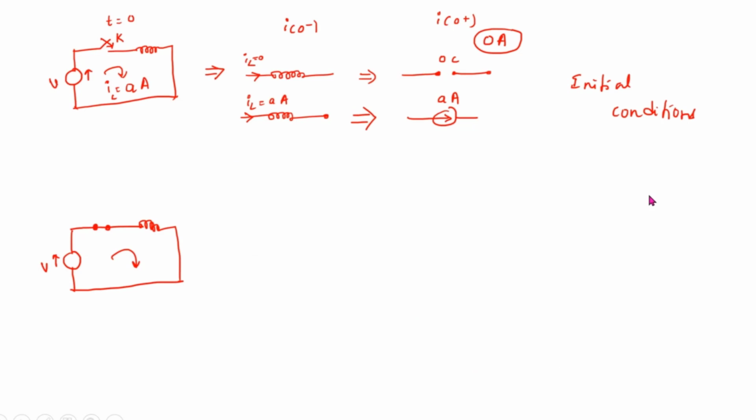Here the load in this case is an inductor. So current flows through the inductor for a long time interval and it gets energized. Once it is completely energized, it acts as a short circuit. It is called the final condition.